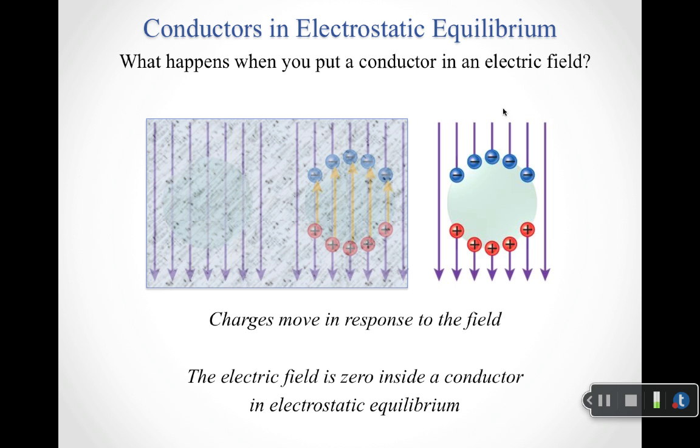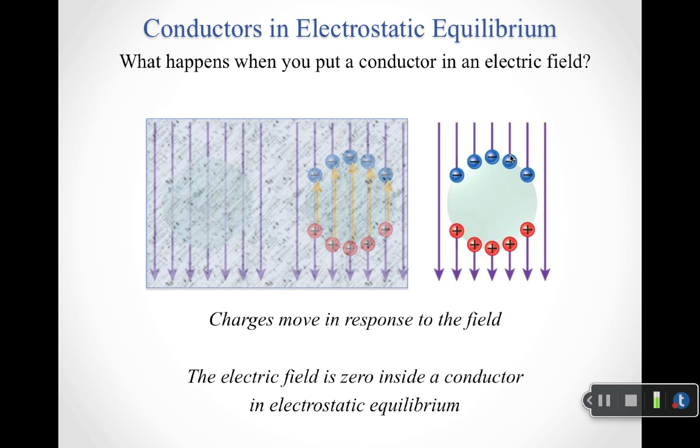There's no electric field inside the conductor when it's in electrostatic equilibrium. Usually when you put a conductor into an electric field it will reach electrostatic equilibrium fairly quickly. The charges will move relatively fast. There will be a current that will flow across the conductor for a short period of time as those charges are rearranging themselves.